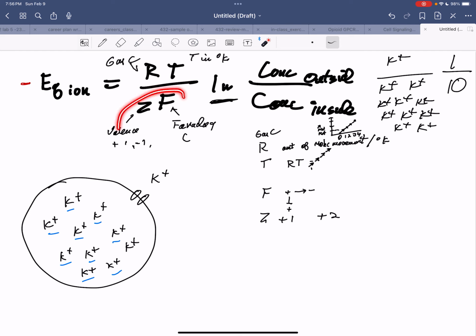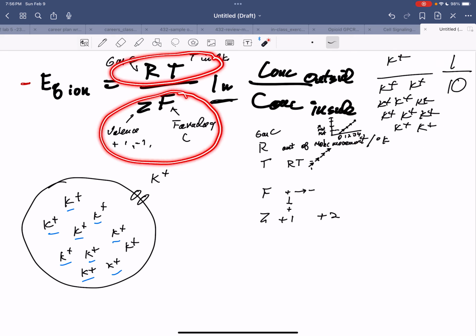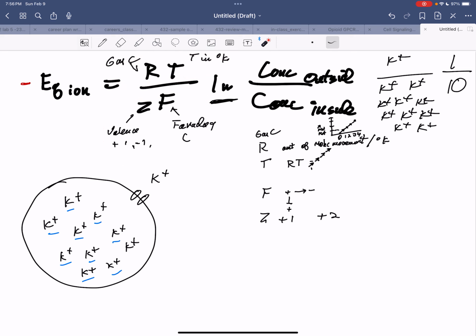This is the force of negative charge holding them in. So it should make sense that for a particular concentration difference, the total amount of movement divided by the effective charge to, in this case, hold potassium in, should tell us what the equilibrium is. And the equilibrium is going to be the amount of charge that gives you no net movement.